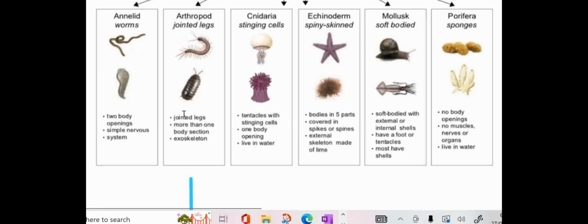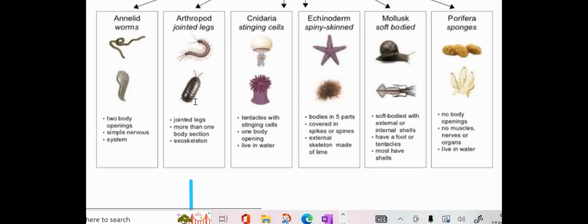I pause this video for a while to read the criteria, the specification of each. For arthropods, it has jointed legs, more than one body section, and exoskeleton. So these are the three main characteristics of arthropods.